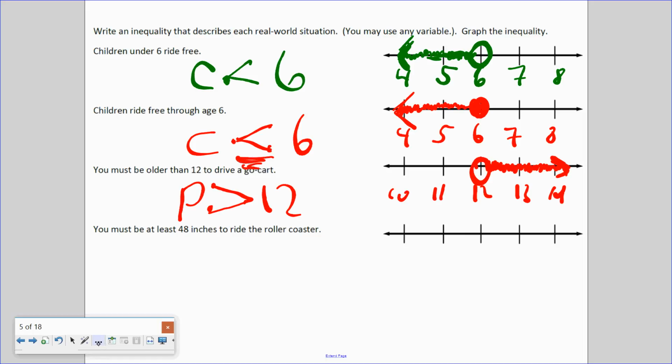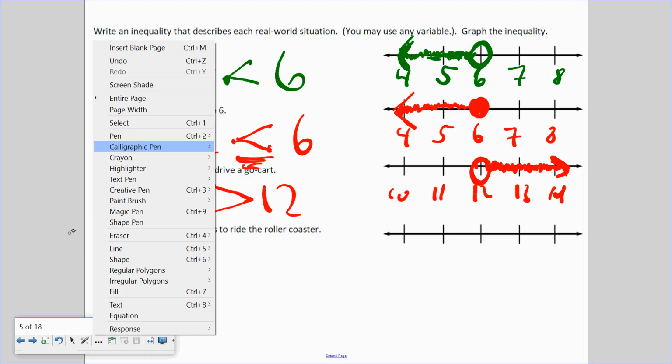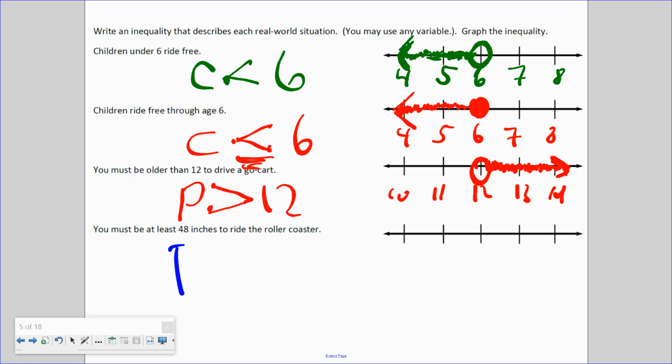And last but not least, you must be at least 48 inches to ride the roller coaster. That means the least you can be is 48 inches.